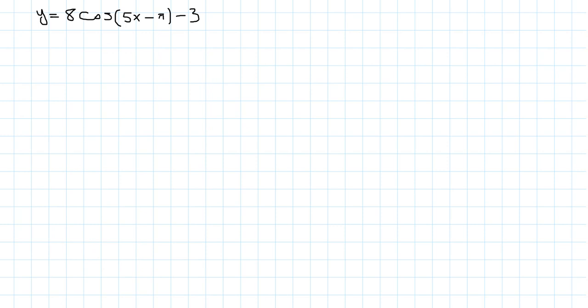So I easily need to draw the graph of the previous one, only I have a new vertical shift. It starts from pi over 5 and finishes at 3 pi over 5.